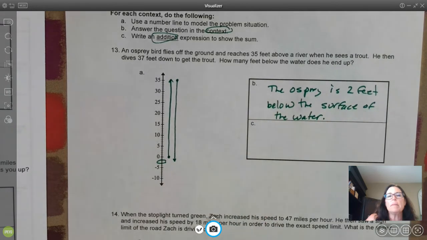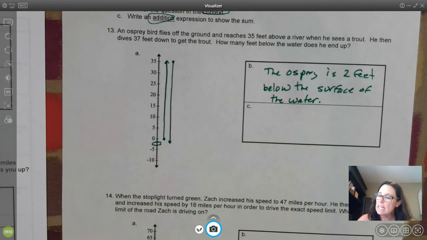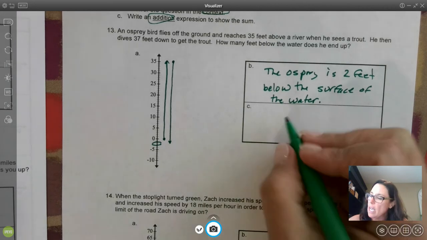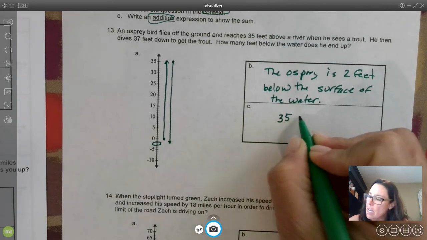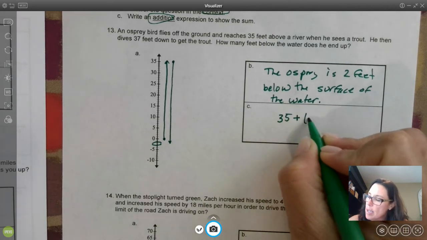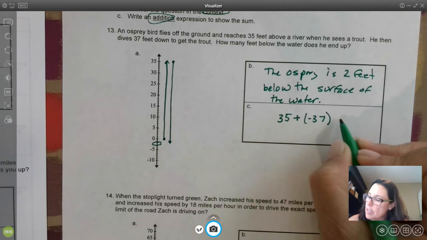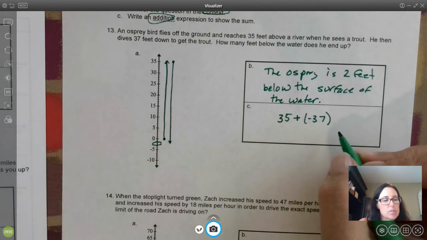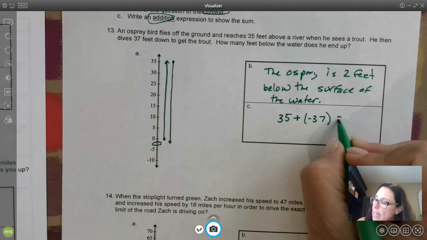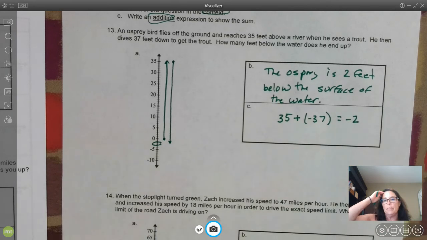Okay, so that's what it means to write an answer to the question in the context of the problem. Okay, all right, and then write an addition expression. So we had up 35 plus a -37. Okay, so there's that addition expression, and then that equals the -2.